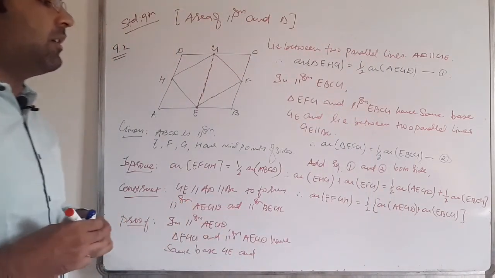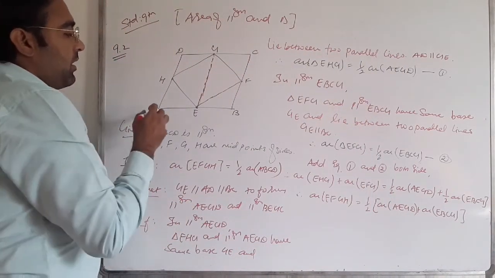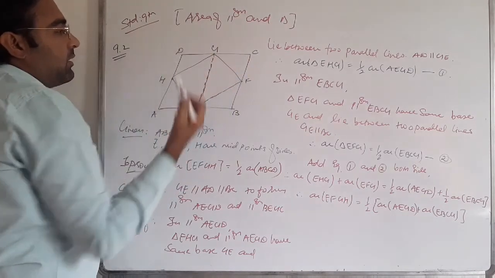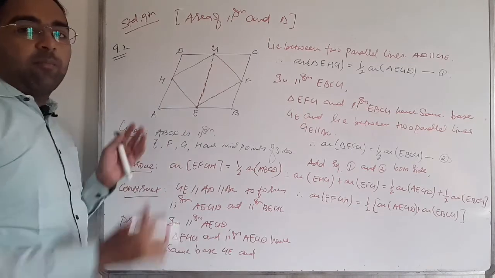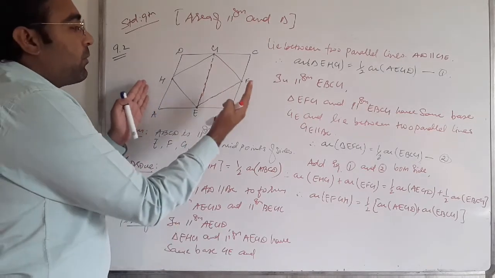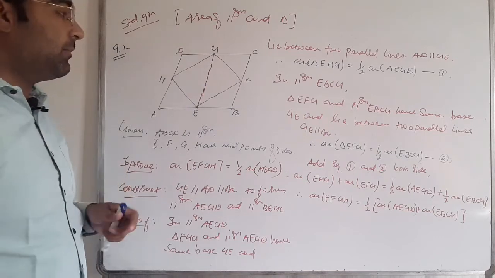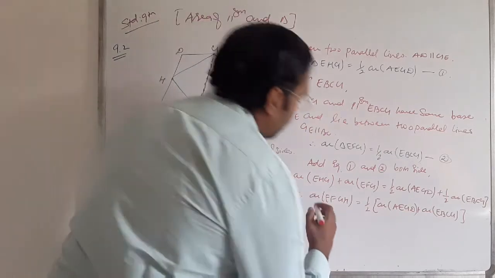Now AEGD plus EBCG, both of the parallelograms are formed, and adding both of the parallelograms forms the area of ABCD. Clear that? Total, that is ABCD.